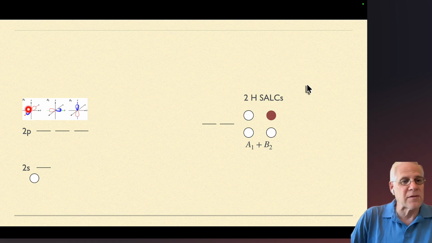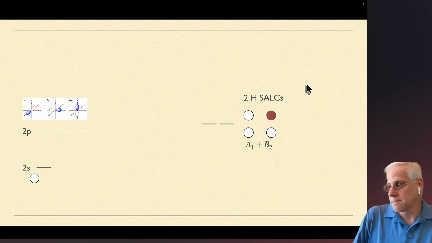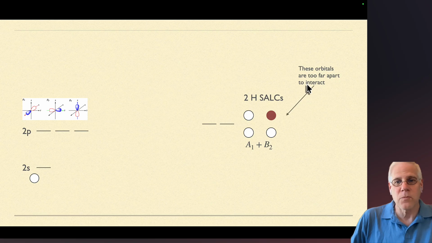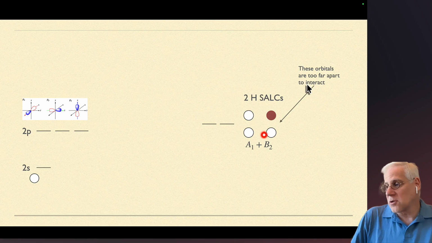I will say that the diagram that this came from did not orient the x, y, and z in the same way that I would orient it for the molecule. So just bear with me on that. Now, you might say, can't these two hydrogen orbitals interact here? Well, no, they can't.